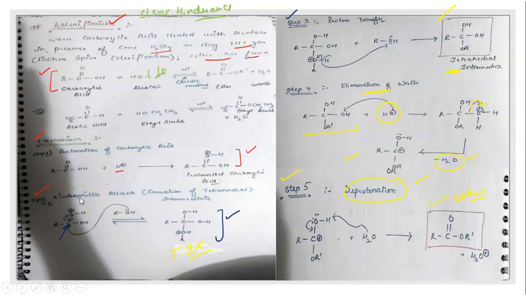As the number or size of substituents around your COOH group increases, the rate of esterification decreases. I repeat, as the number and the size of substituents around your COOH group or the OH group in alcohol increases, the rate of esterification slows down, it ultimately decreases. That is another thing about your esterification reaction.